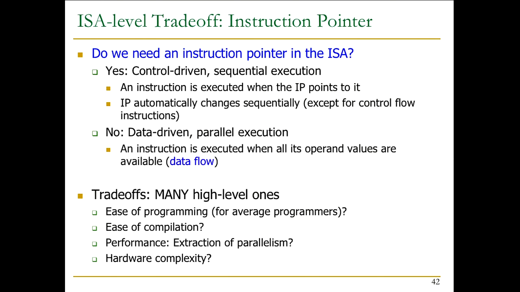When you re-execute, you may not see that bug at all. Or maybe see that bug somewhere else. So debugging is very hard because you don't have a precise state. You don't have a point in your program where you can say, these instructions are done, but none of the other ones are done. Because you don't control that. There is no control. So that's the really hard part of programming a data flow machine at the ISA level.